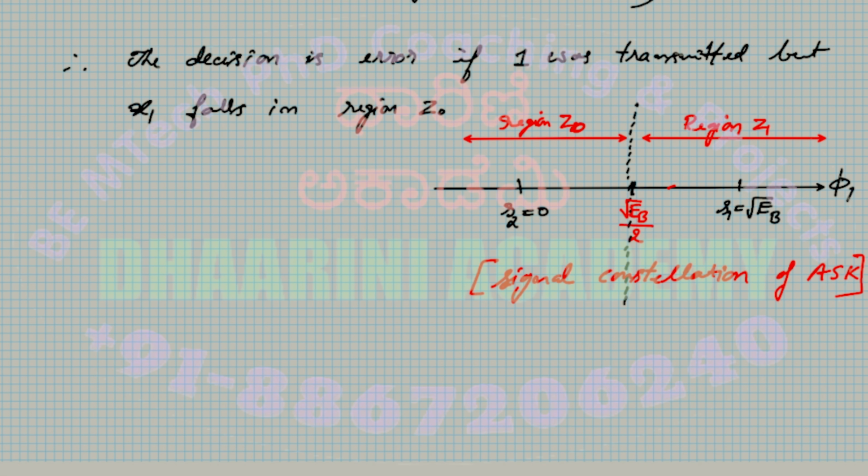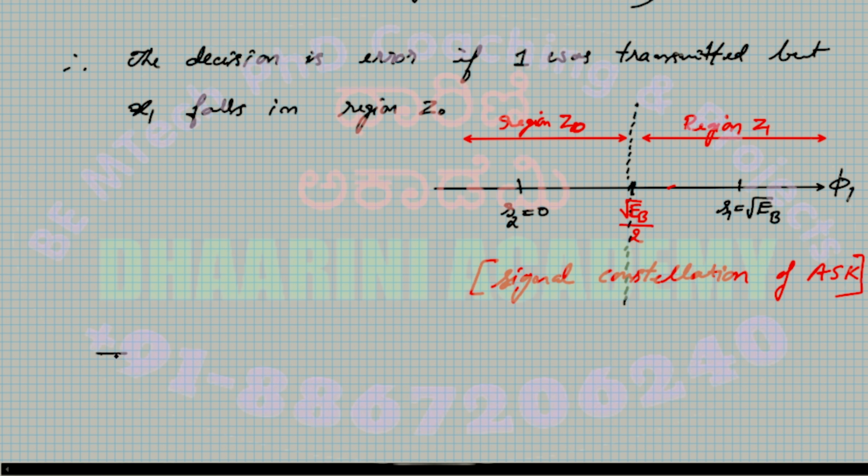Now that makes many things very clear to us. So I can make another statement now. Again I'm talking about 1 only, that symbol 1 was sent. So this implies the symbol error occurs if I can say x1 is less than the threshold. What is the threshold? That is root of EB by 2.